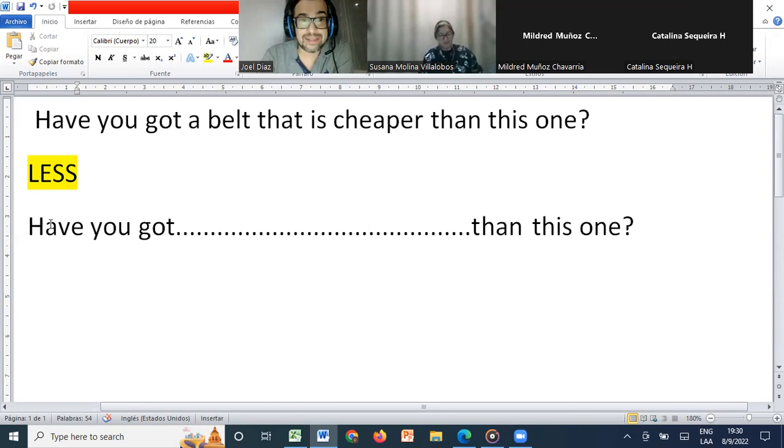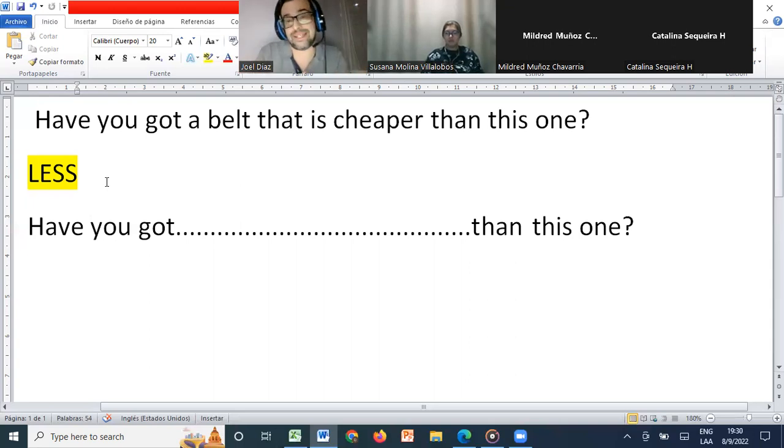Well, they give us part of the sentence, but what we need to do is, using the keyword, write from 2 to 5 words. It can be 2, 3, 4, or even 5 words, so that the second sentence will have the same meaning as the first sentence.